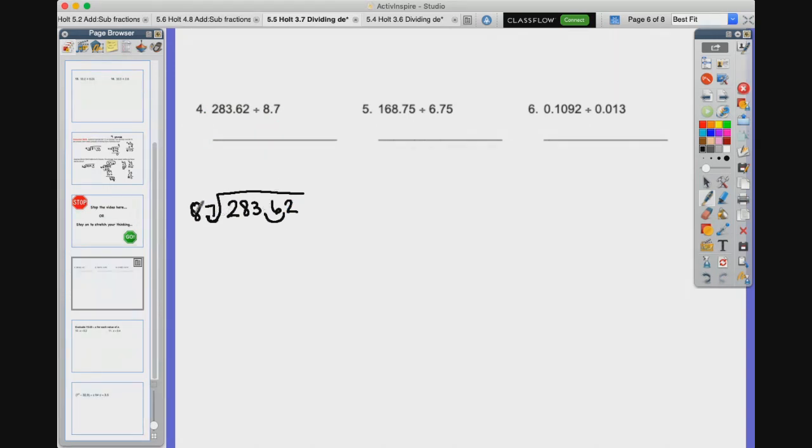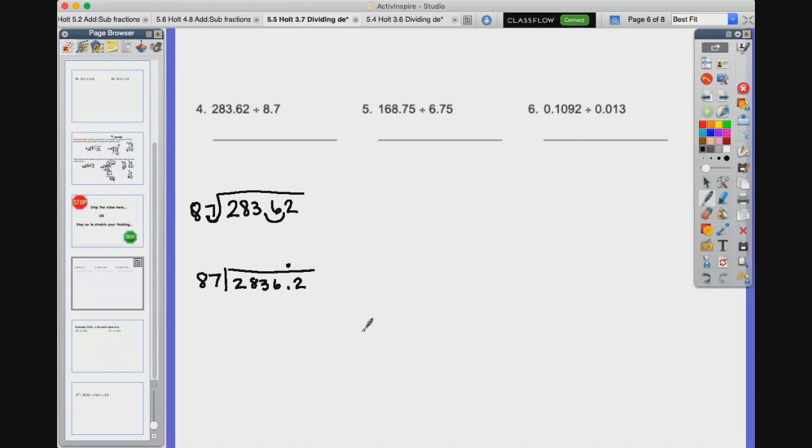So what you do on one side, you have to do on the other. So now my problem becomes 87 goes into 2,836 and 2/10. Because when we moved the decimal, we only moved it 1 to move it out.